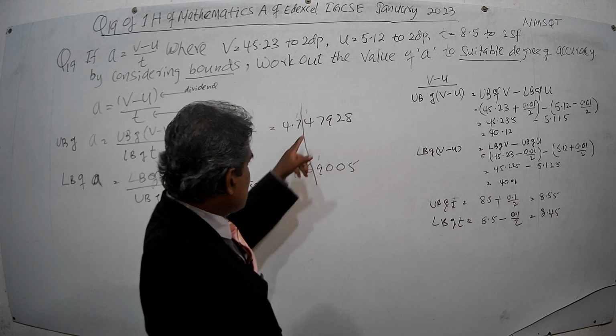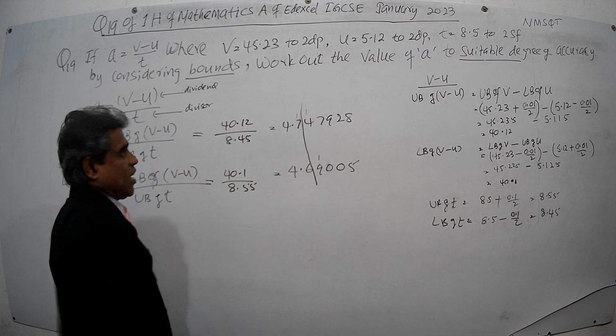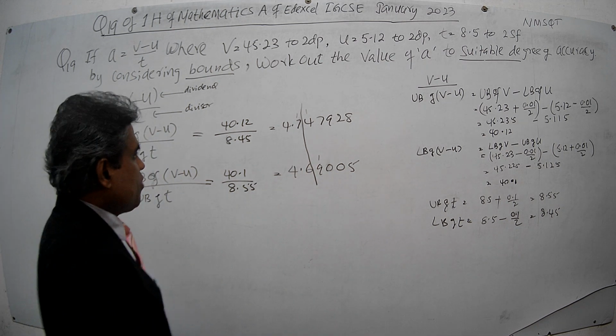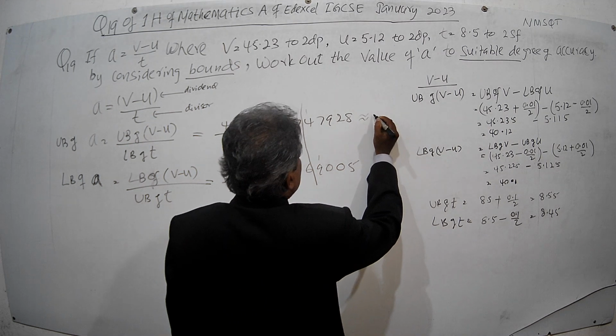And therefore the suitable degree of accuracy will be correct to 2 significant figures. Right? Okay.